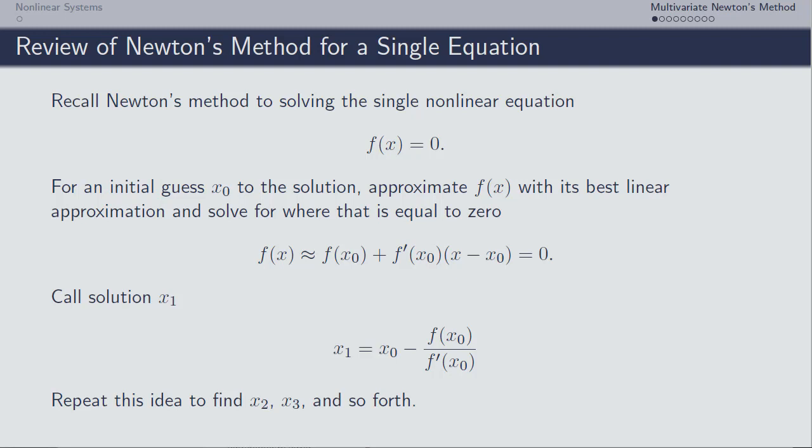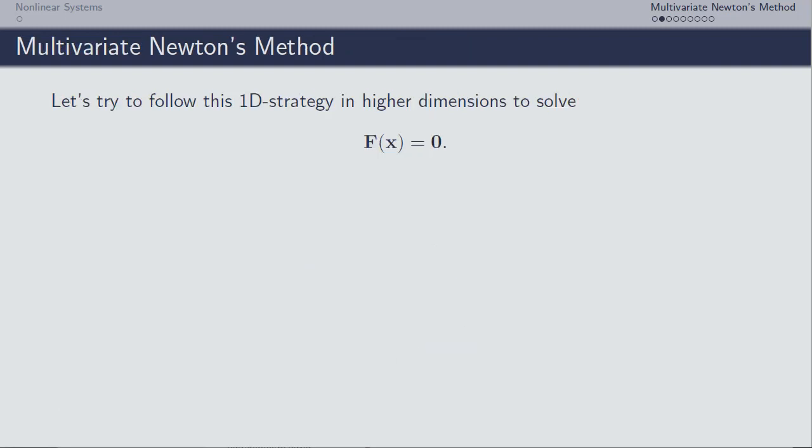So we get x1 equals x naught minus f of x naught divided by f prime of x naught. And then we just repeat this, right? We plug x1 back into this formula, so x2 is x1 minus f of x1 divided by f prime of x1.